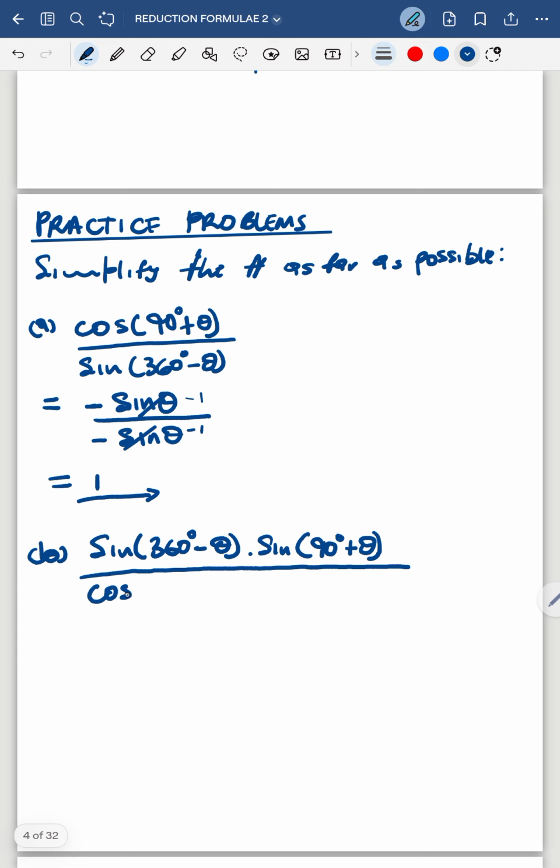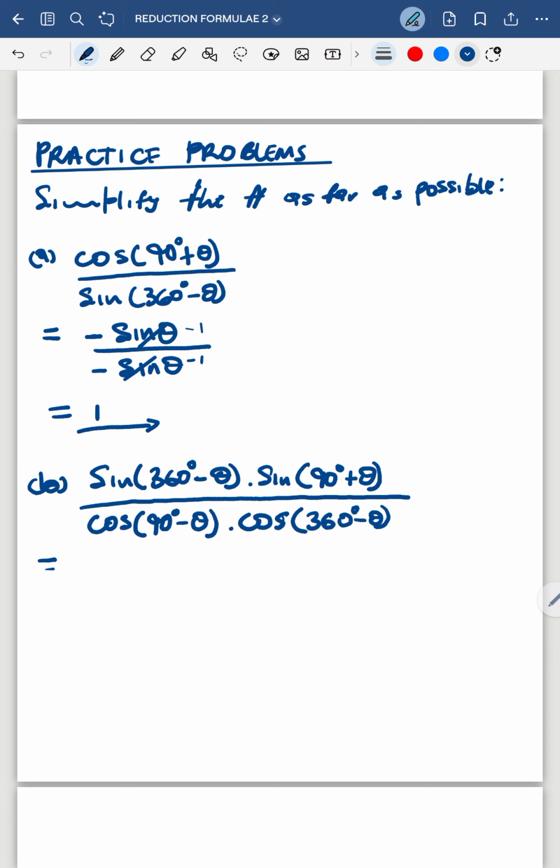Then cosine, open brackets 90 degrees minus theta, close brackets, multiply by cosine 360 degrees minus theta.